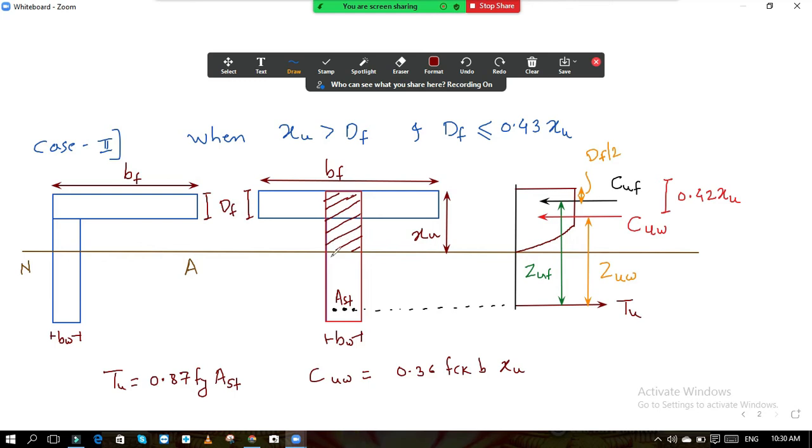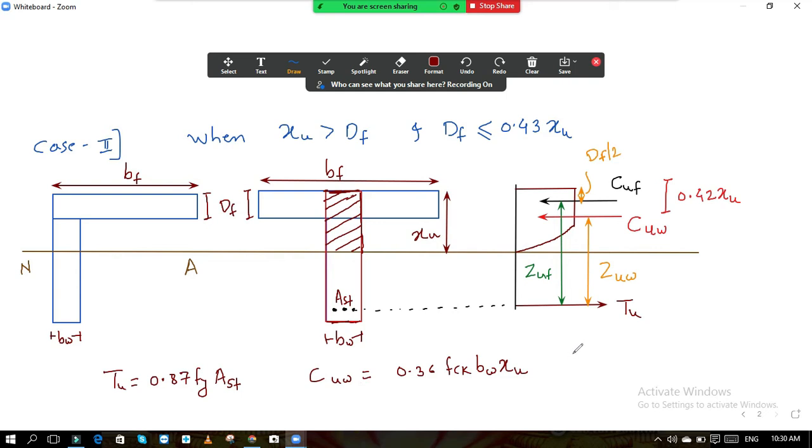So this is our width, which is BW, and this depth we should consider, which is XU. So our formula becomes 0.36 FCK BW into XU. This is in the case of CUW. Okay, this area we should consider.